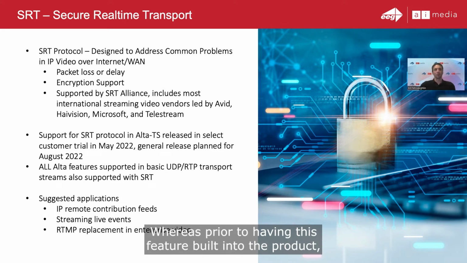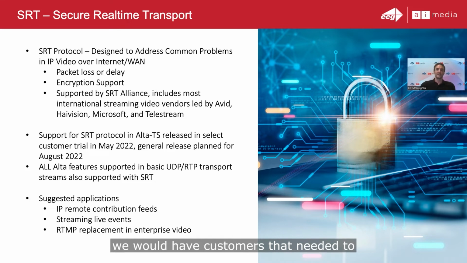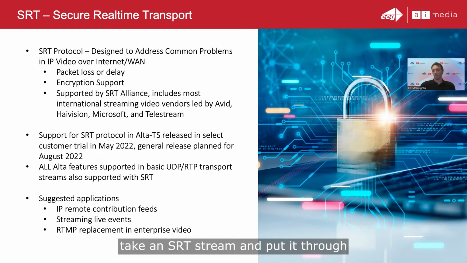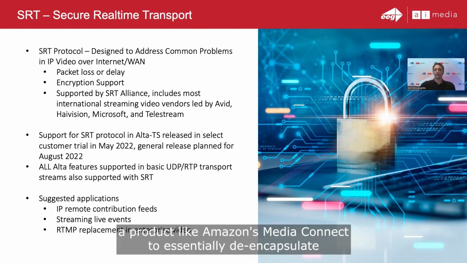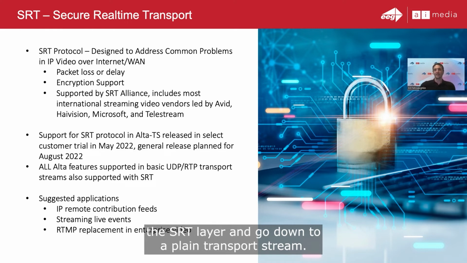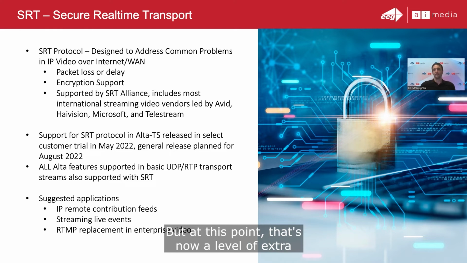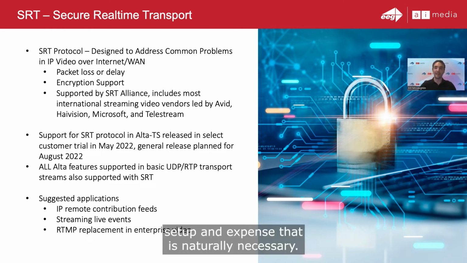Whereas prior to having this feature built into the product, we would have customers who needed to take an SRT stream and put it through a product like Amazon's MediaConnect to essentially de-encapsulate the SRT layer and go down to a plain transport stream. But at this point, that's a level of extra setup and expense that isn't actually necessary.